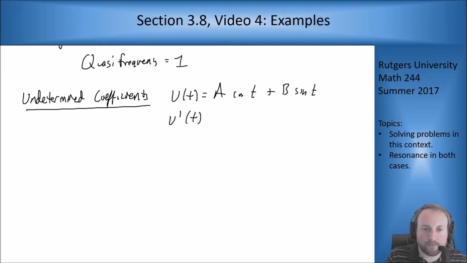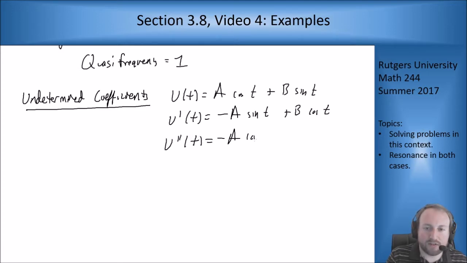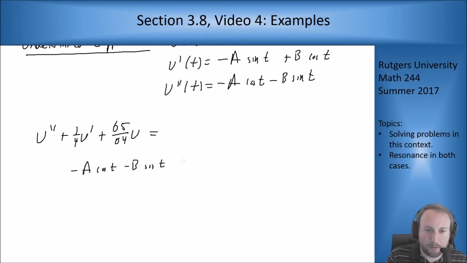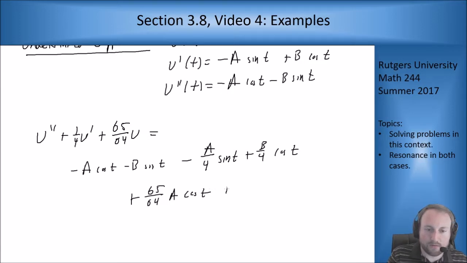Then u prime is minus a sine t plus b cosine of t, and u double prime is minus a cosine t minus b sine t. And then we can plug this into our equation. Our equation was u double prime plus 1/4 u prime plus 65 over 64 u equals cosine t, so I get minus a cosine t minus b sine t, minus a over 4 sine t plus b over 4 cosine t, plus 65 over 64 a cosine t plus 65 over 64 b sine t.